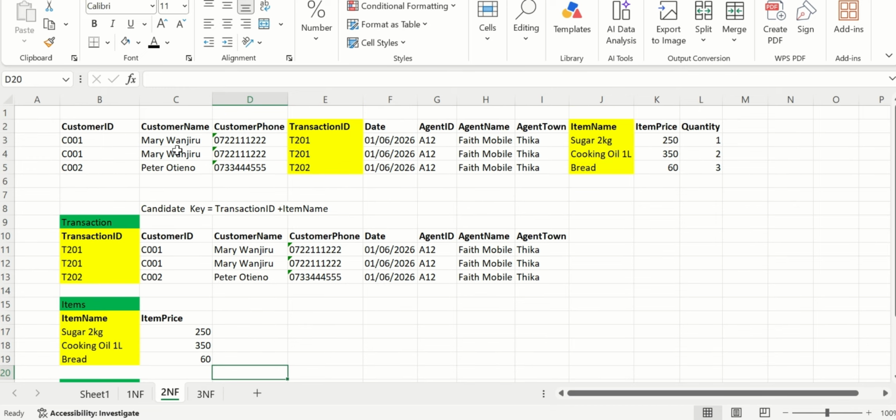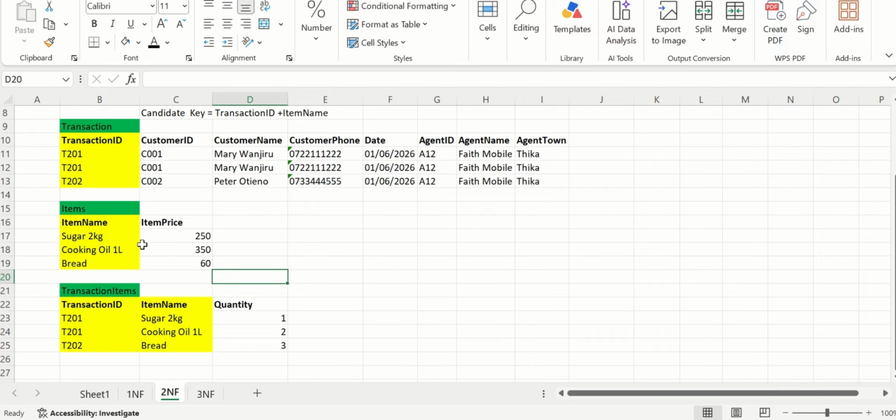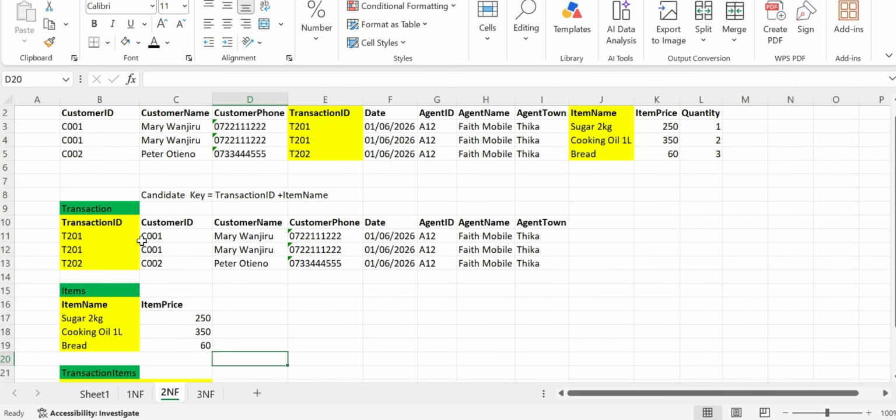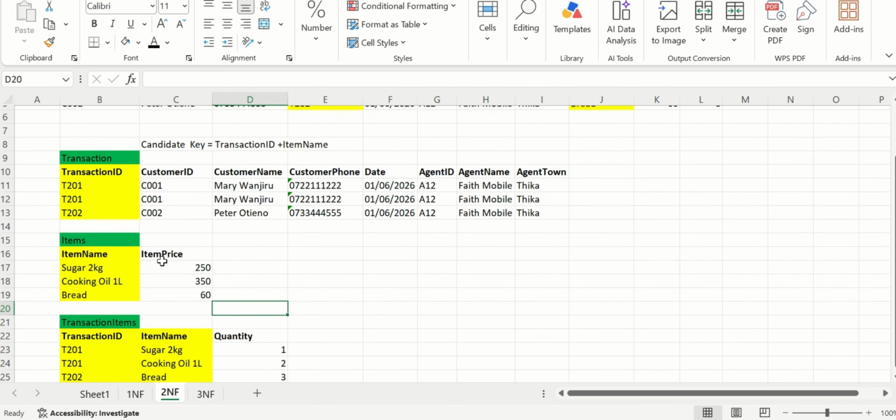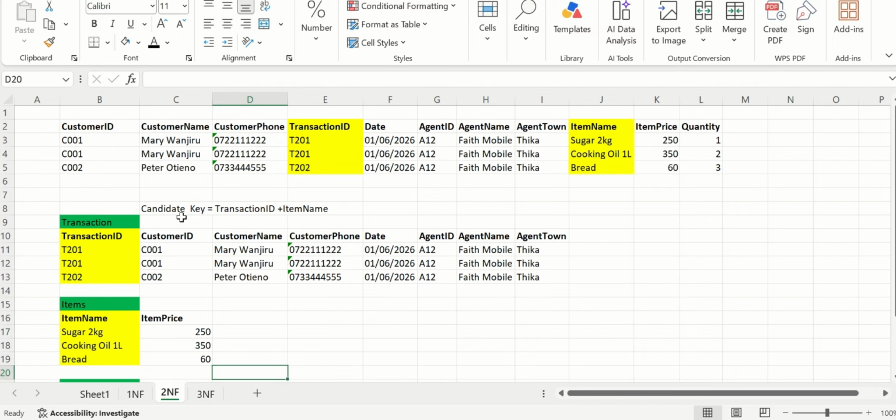From this large table, we have divided it into three smaller tables based on these three key columns and the non-key values, where some non-key columns depend partly on the candidate key.